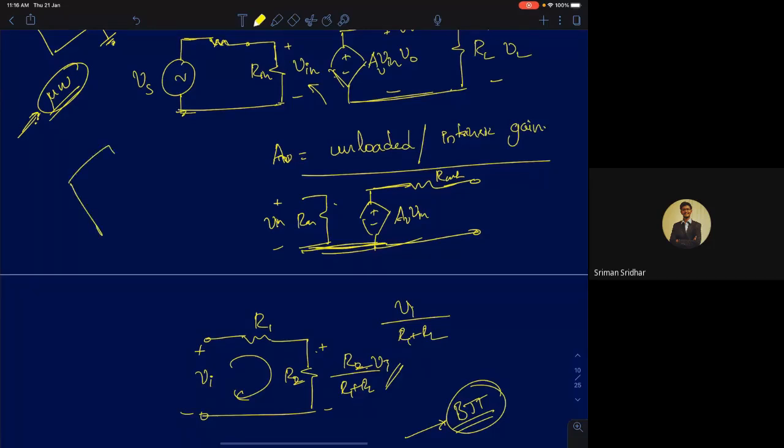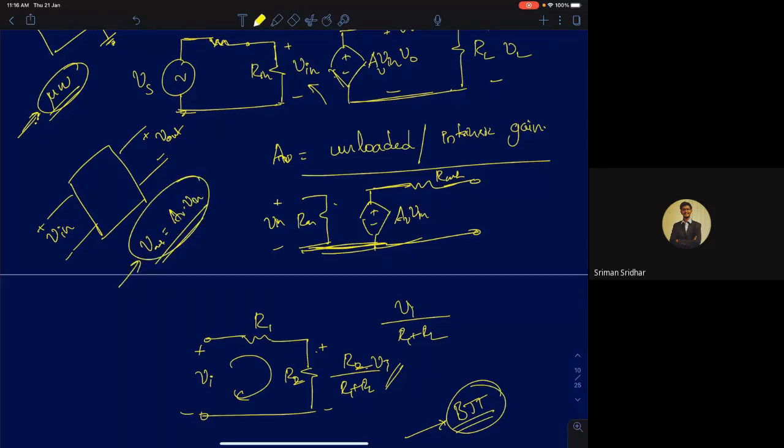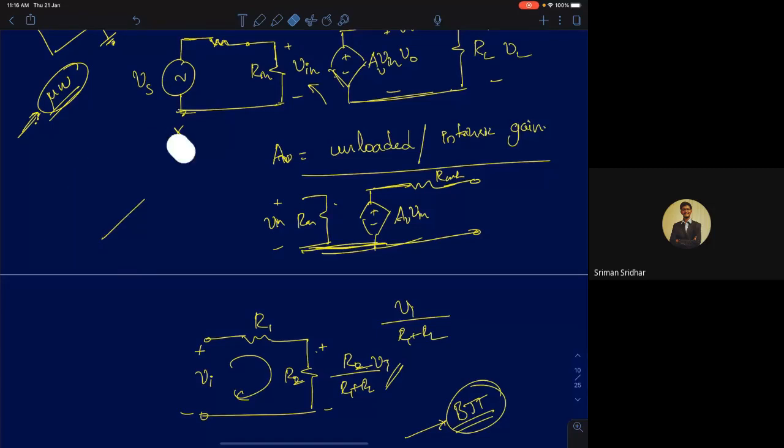If an amplifier input is voltage Vin, and it's a voltage amplifier, we are going to assume the output voltage V out is AV times Vin. This is the mathematical model of the amplifier. And similarly, we can measure output resistance and replace the model with a resistor in series.